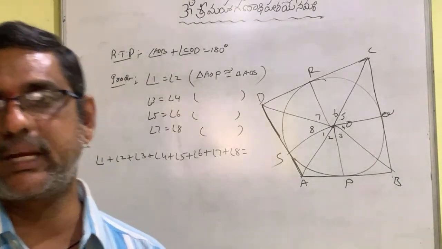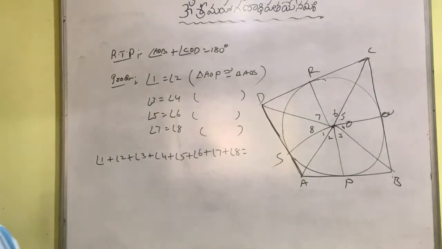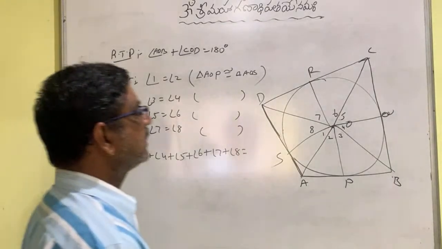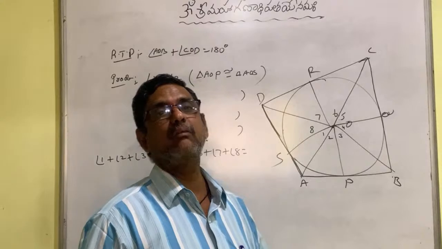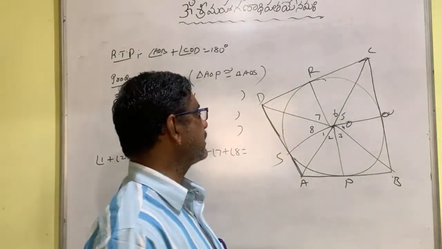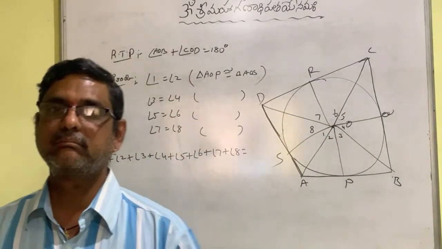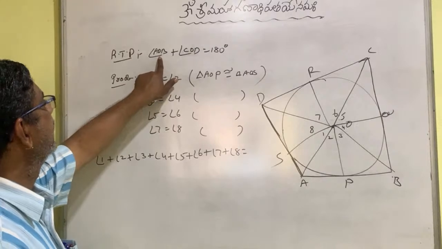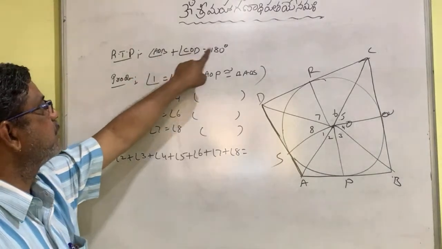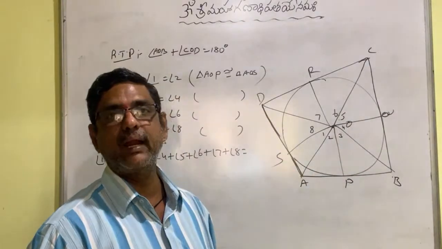Yeah, 360, complete angle. Now, what I'll do is, I'll try to convert all the angles in terms of 2 and 3, 6 and 7. Because I have to prove angle AOB plus angle COD is 180. AOB is nothing but angle 2 and angle 3.